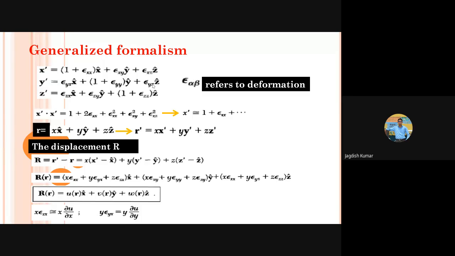This will be EYX into 1 plus EXX plus EXY, 1 plus EYY plus EXZ, EYZ, because it's a dot product, right? So X dot X is 1, Y dot Y is 1, and Z dot Z is 1, whereas X dot Y, Y dot X, or X dot Z all are 0.